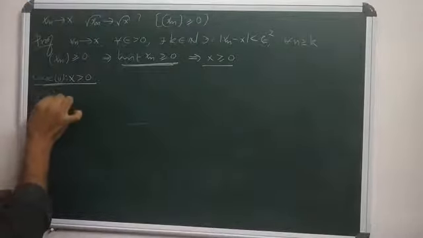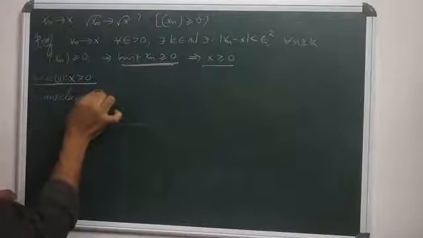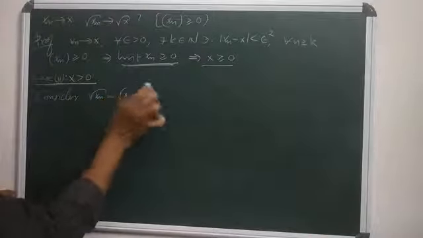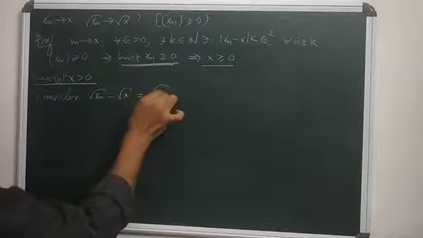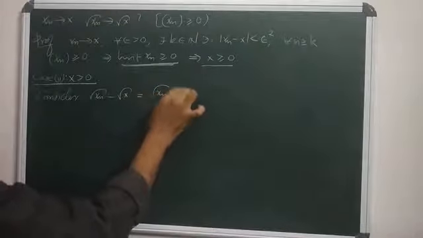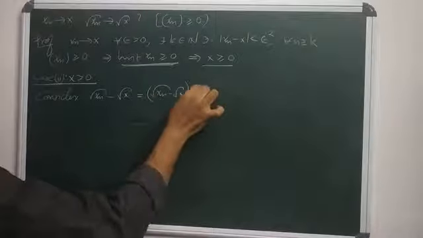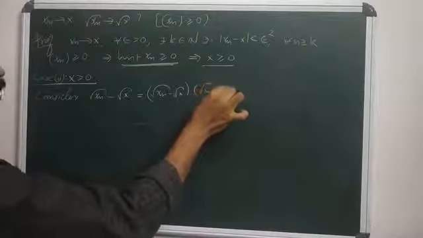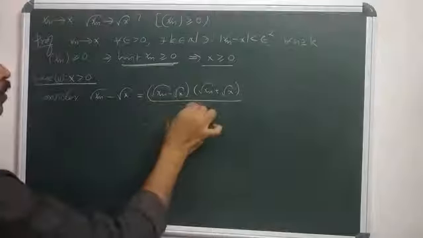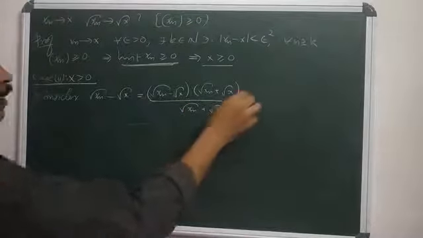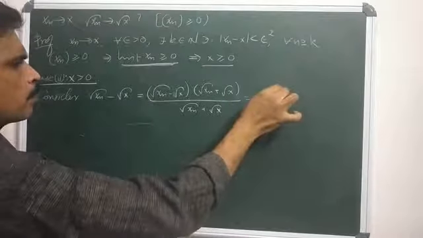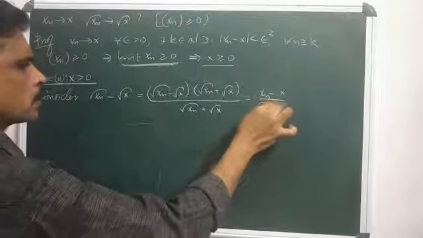Consider root xn minus root x. It can be rewritten as (root xn - root x)(root xn + root x) divided by (root xn + root x). That equals (xn - x) divided by (root xn + root x).